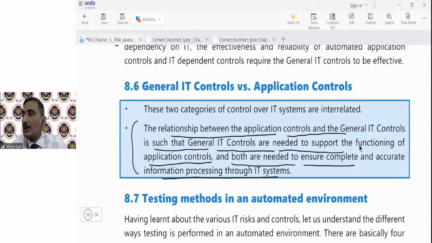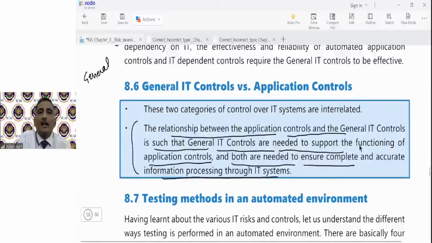So that is the relationship between general IT controls and application controls. General IT controls are needed to support the functioning of application controls. This point you have to remember, students, that general IT controls are needed for functioning of application controls.